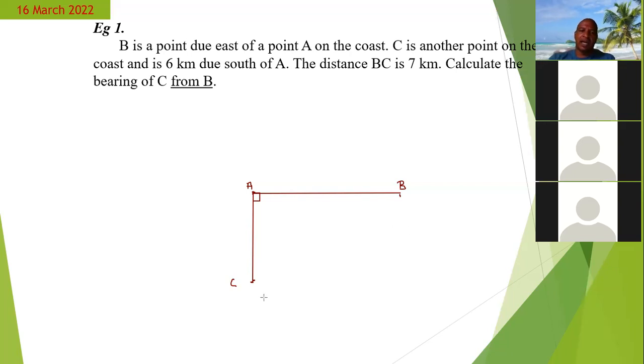So we can draw a line to represent BC. All right, so we would have a line like that. All right, so what next?